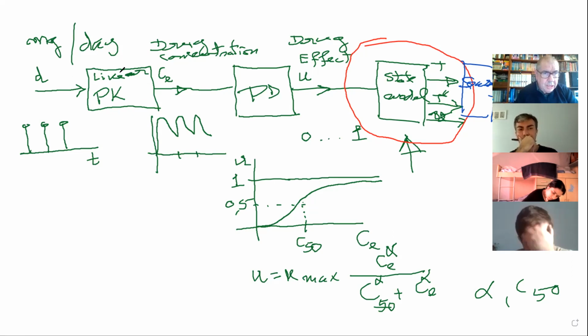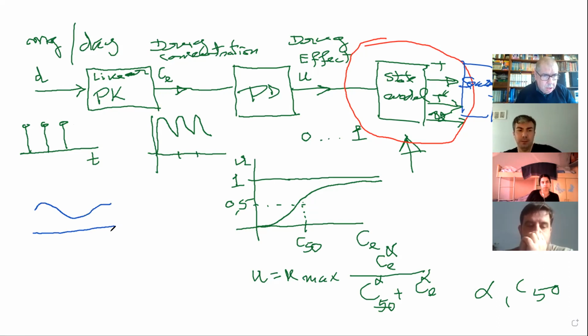This is a linear model, and it relates the drug that you are taking, unit per time. This can be in the form of pills, but in some other cases, not HIV-1, you can have a continuous function.